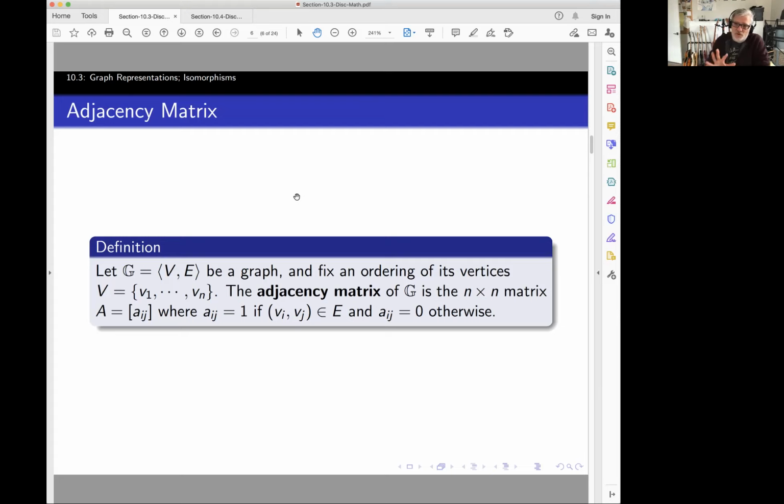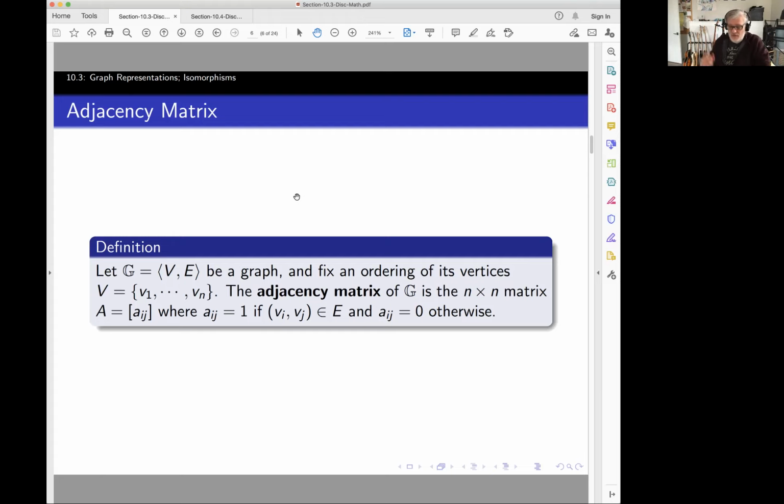So once you've chosen this ordering, what you call the adjacency matrix of G. If you have n vertices, it's an n by n matrix, where the entry at row i, column j, let's say Aij, is 1 if Vi and Vj are adjacent, and it is 0 otherwise. So it is a 0-1 matrix. There's only zeros and ones, and ones indicate that the corresponding vertices, row and column, are adjacent.